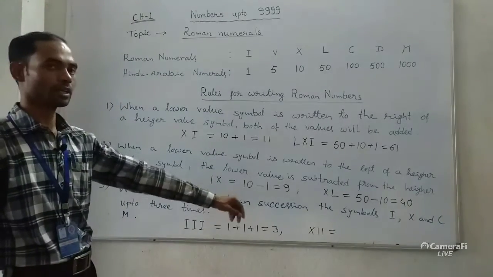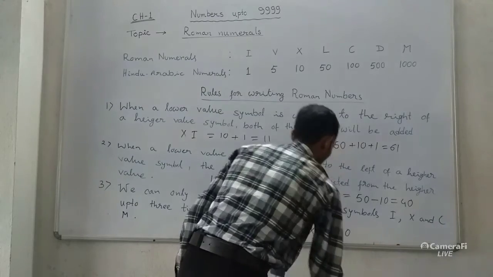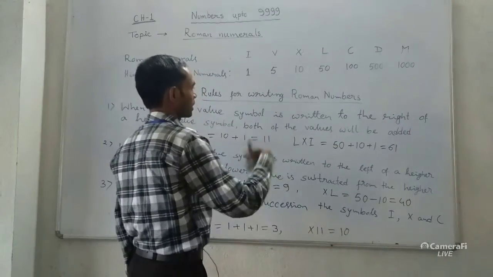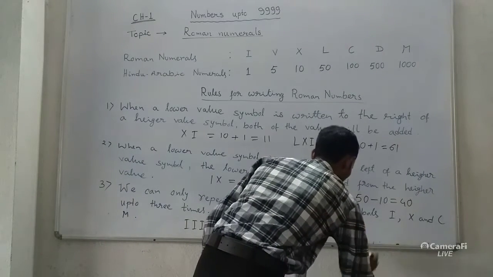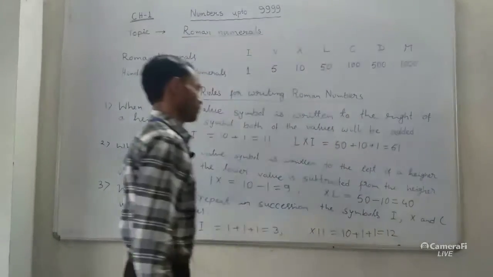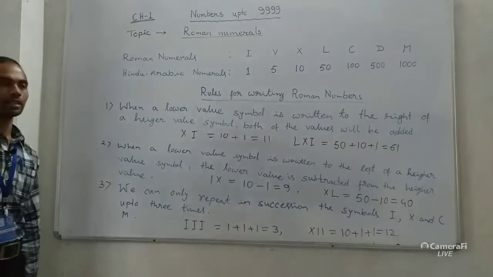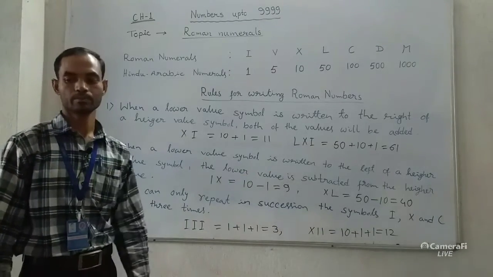I have repeated I for 2 times. X means 10, then I means 1 on the right side. So according to rule 1, 1 plus 1 and then again 1, we get 12. So repetition is allowed only for I, X, C and M.